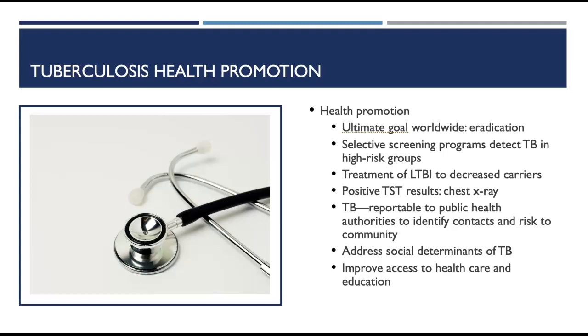And TB is reportable to the public health department to help identify contacts and risk to the community. We need to address social determinants of TB: decreased healthcare access, improving education and poverty, all those factors that are affecting TB.